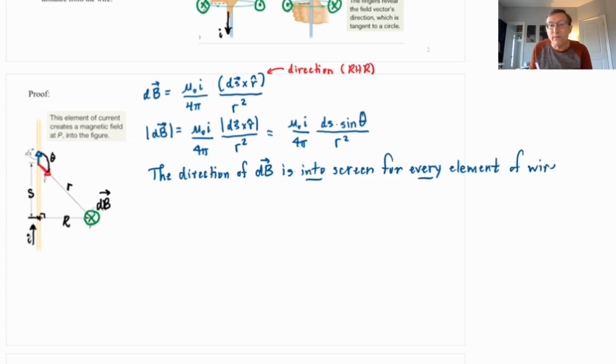Not just the one that we've highlighted in blue and labeled ds, but any piece of it. You need to think about that a little bit, right? Because this wire goes on and on. What if I had looked at the piece down here?